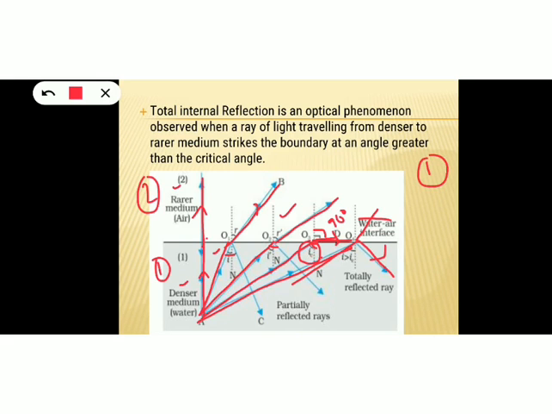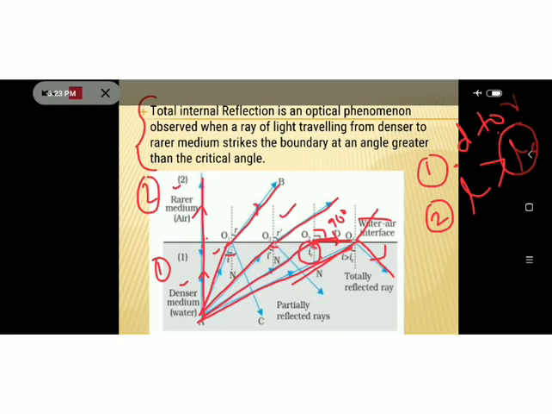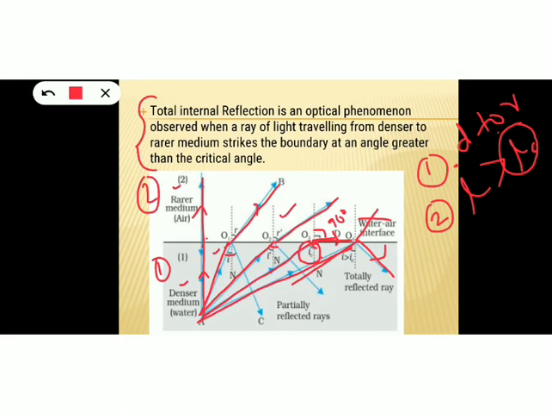The first condition is that the light ray should travel from denser to rarer medium, and the second condition is that the angle of incidence should be greater than the critical angle. The total internal reflection phenomenon is observed only when the ray is incident at an angle greater than the critical angle. So these are the conditions to be satisfied for total internal reflection.